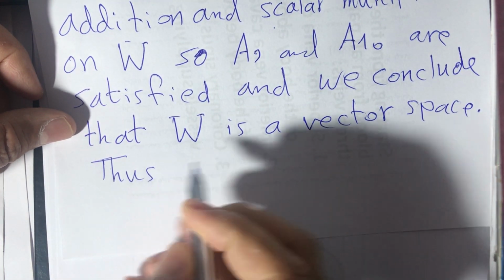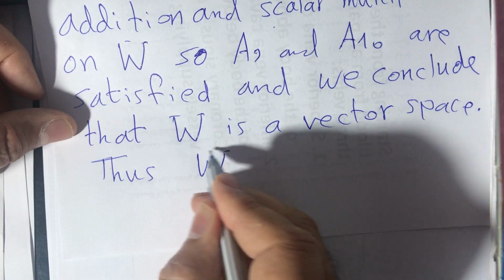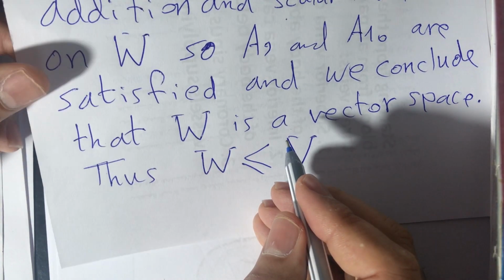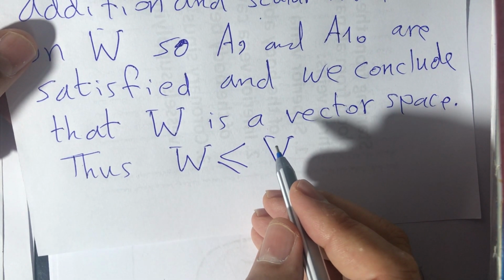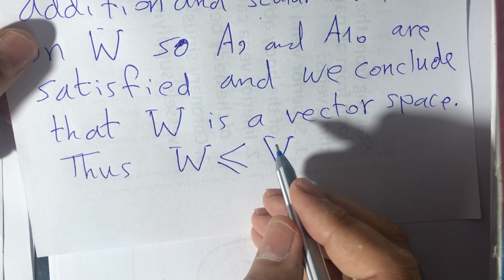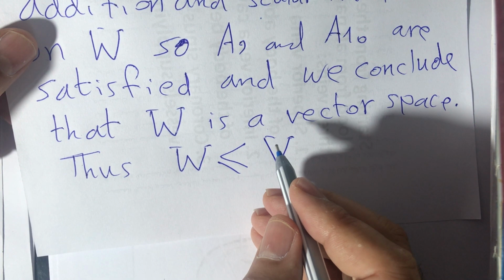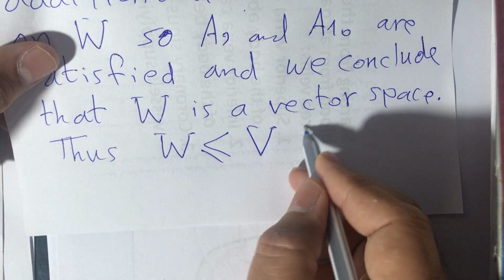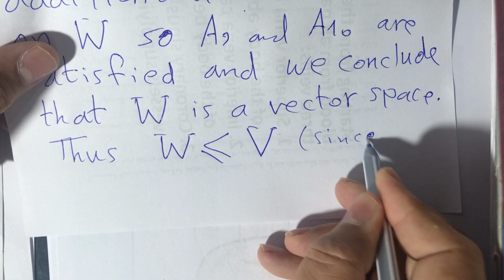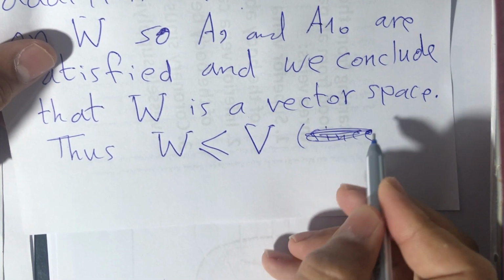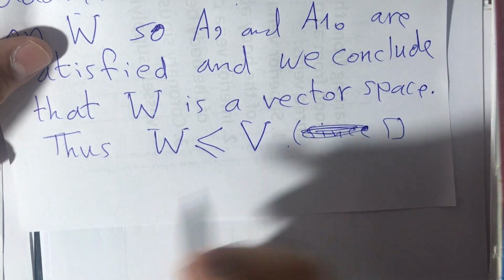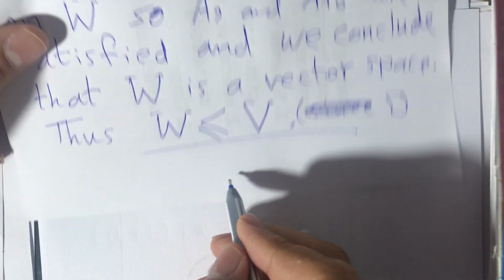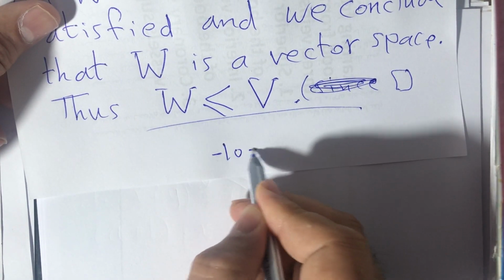Thus, W is a subspace of V. And since this is the end of the proof, the proof is finished, and this is page number 10.